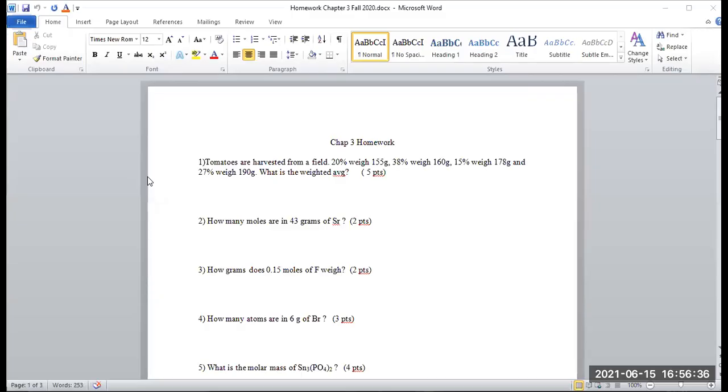All right. So this is what your homework set contains. It starts with a weighted average problem. This is something that you need to keep hold of, because we saw it first in chapter 2, but the idea continues onward into this chapter.